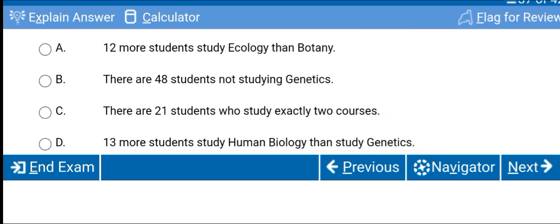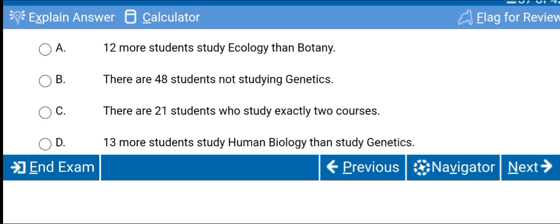Option A, 12 more students study ecology than botany. Option B, there are 48 students not studying genetics. Option C, there are 21 students who study exactly two courses.